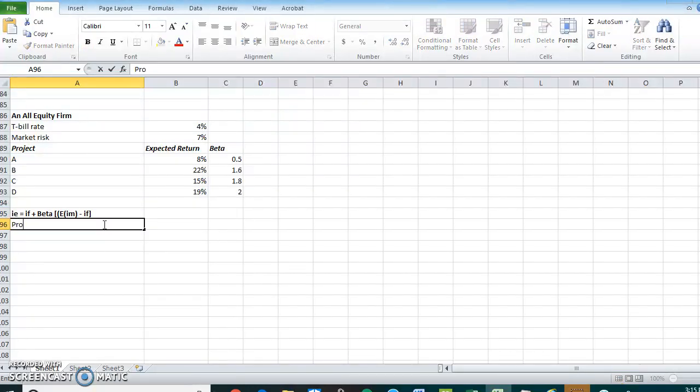So project A, i.e., equals our risk-free rate, which is also our T-bill rate.